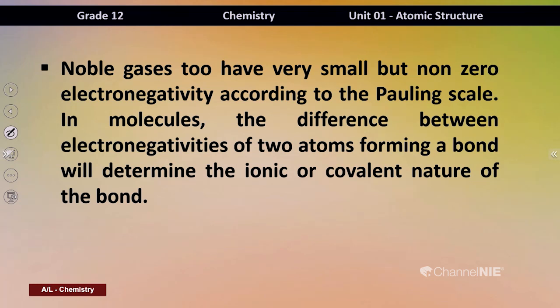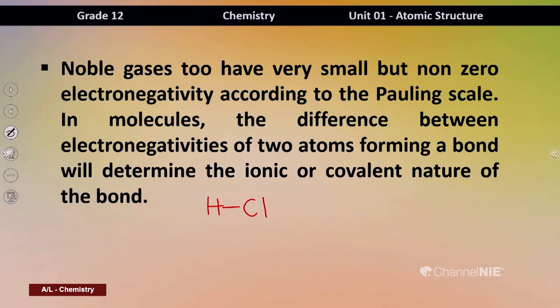In molecules, the difference between the electronegativities of two atoms forming a bond will determine the ionic or covalent character. For example, consider a molecule like HCl. Chlorine is on the right-hand side of the period, so its electronegativity is greater than hydrogen.